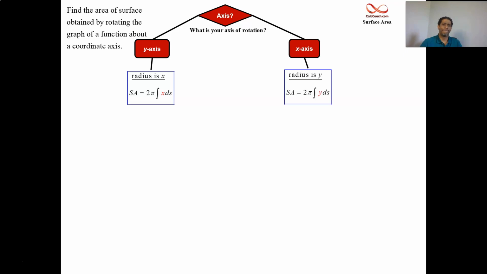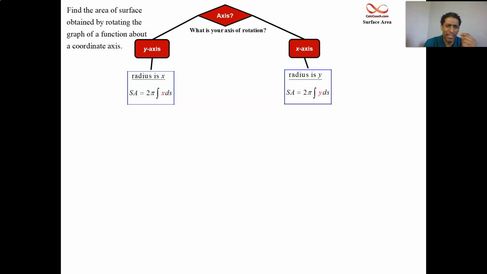All right, now the formula generically looks like that, and ds can be either the square root of 1 plus y prime squared dx, or it could be the square root of 1 plus x prime squared dy. Depends on the variable. And that's where we make our next decision.